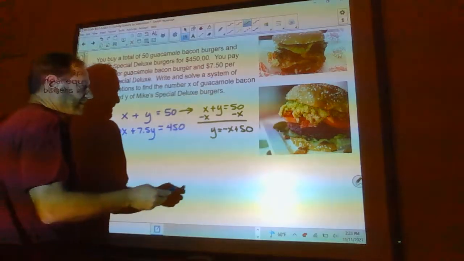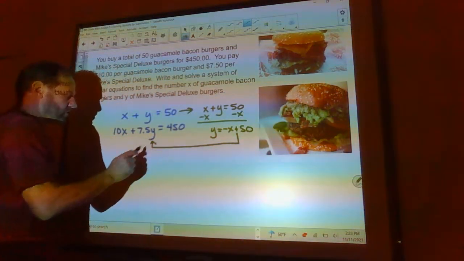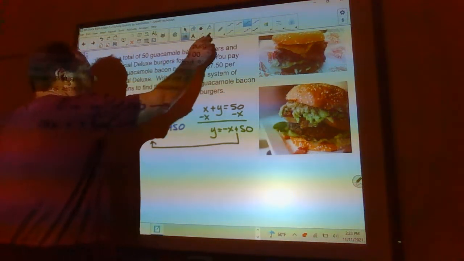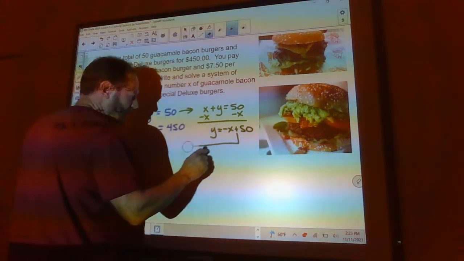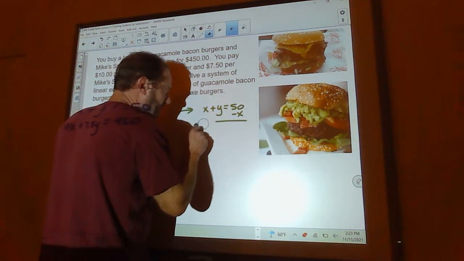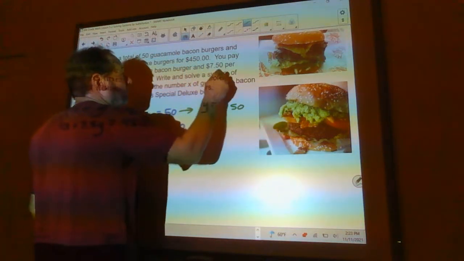Okay? So now I can take this, and I can substitute it in for y. Actually, probably would have been easier to solve for x, because 10 is a very friendly number. You know what? Let's solve for x instead of y, because it's just a more friendly problem if we do it that way. All right, so then I would subtract y from both sides.